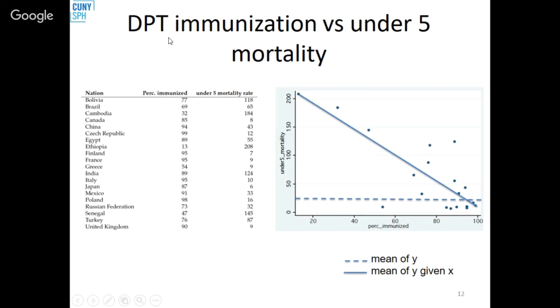But there can be other causes of mortality. So something like these outlier countries is probably an indication that these are countries that have caught up with other advanced countries in terms of immunization, but potentially not in terms of other causes.